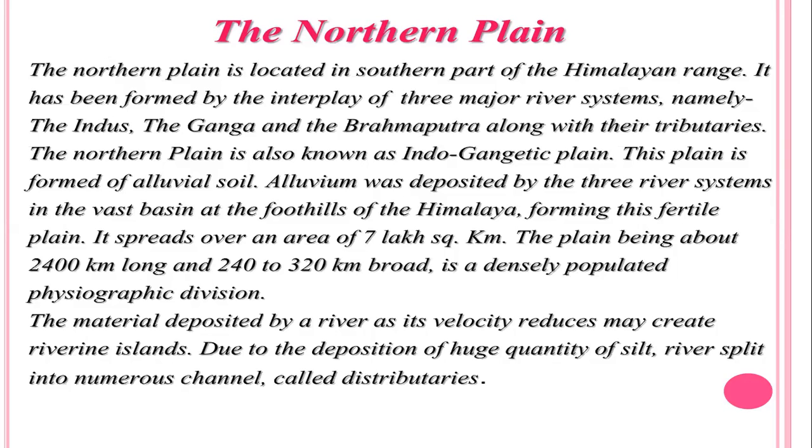The material deposited by a river as its velocity reduces may create some riverine islands. Due to the deposition of a huge quantity of silt, rivers split into numerous channels, and these are called distributaries.